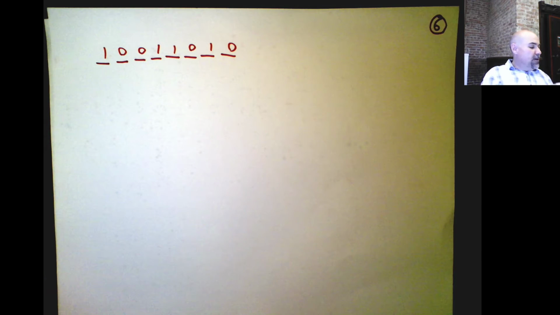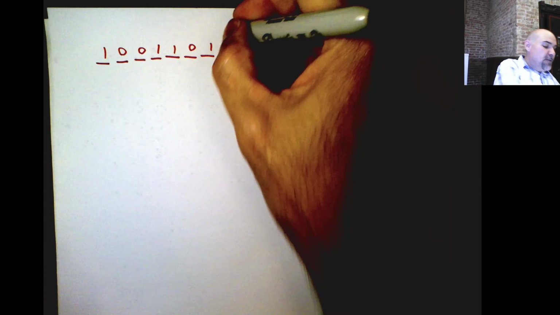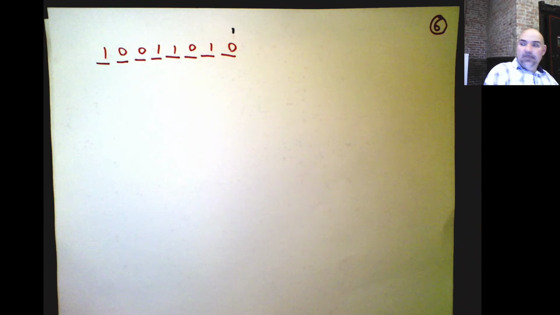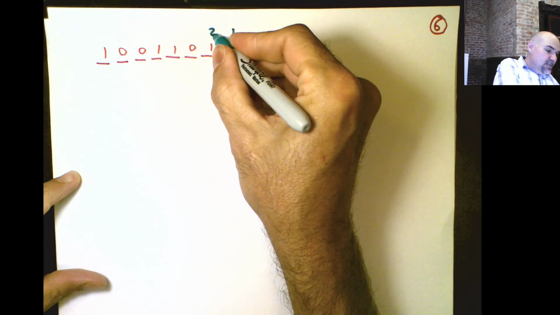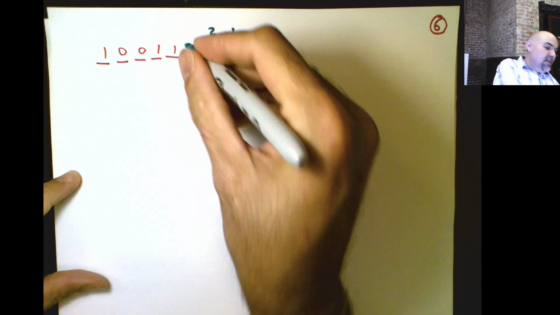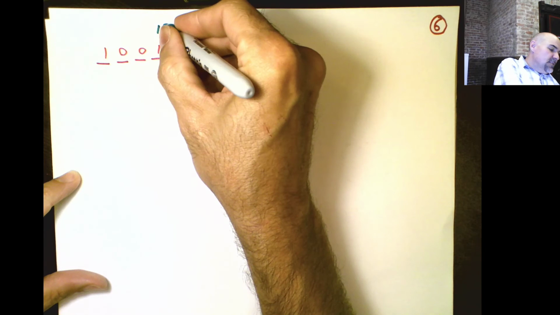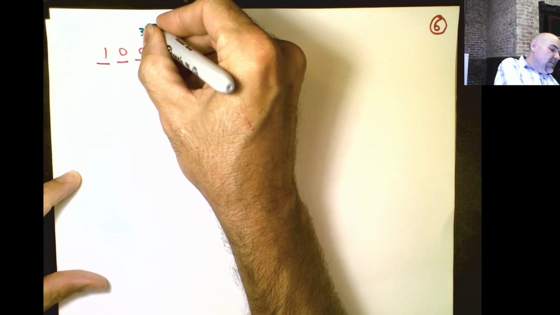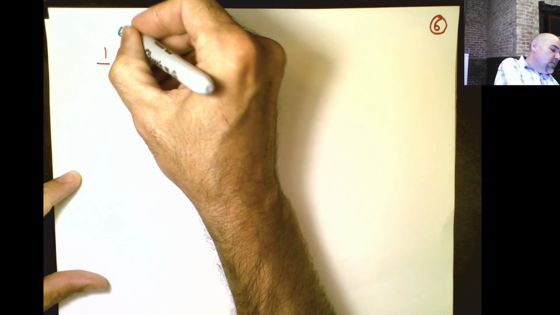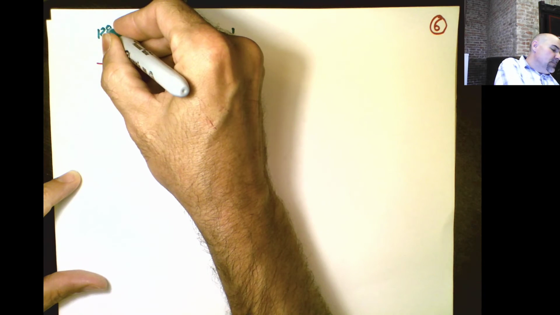Okay, well, how did we figure it out before? Well, we assigned the place values to each of those. So let's go ahead and write those above it. So 1's place, and then next to that is the 2's place, and then the 4, 8, 16, 32, 64, 128.